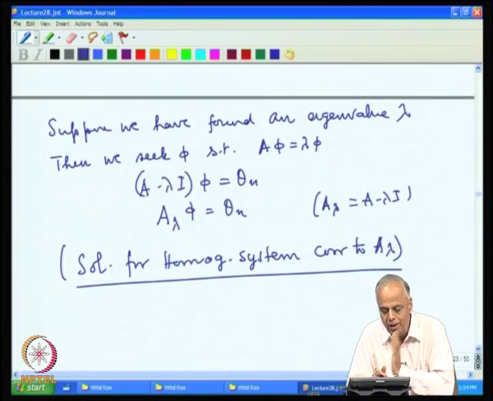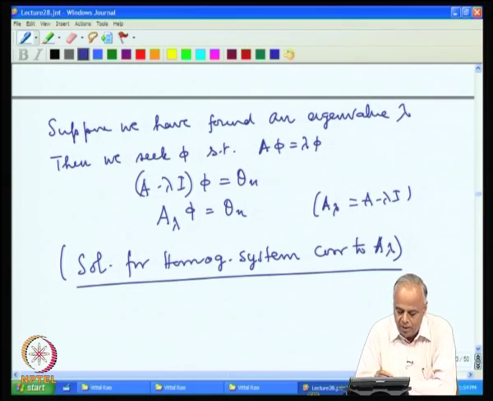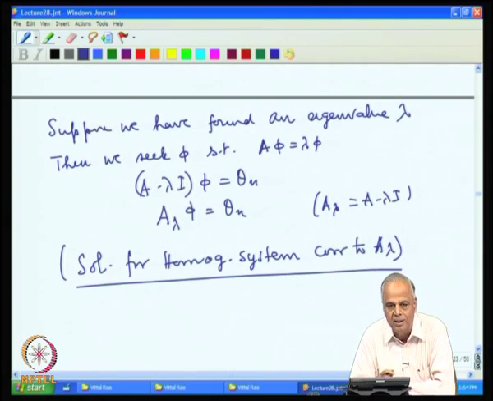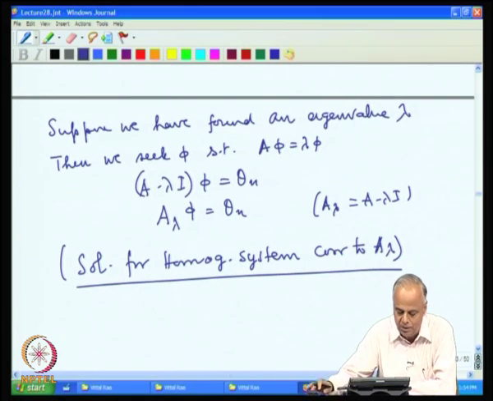So, if we know an eigenvalue, there seems to be some hope of finding an eigenvector for that. There is hope for us to find at least the phi's in some sense the moment we know the eigenvalue. There is a chance because we have to solve a homogeneous system.